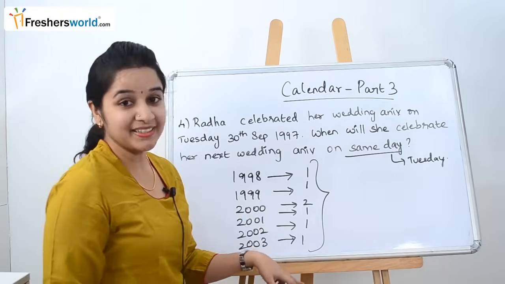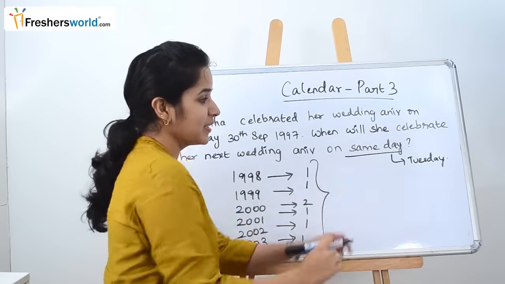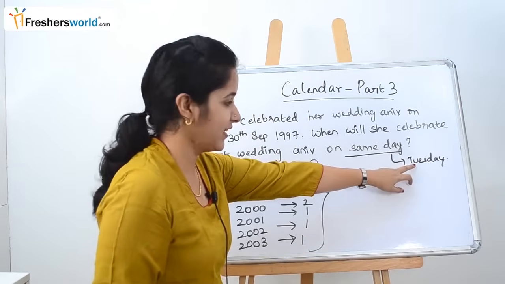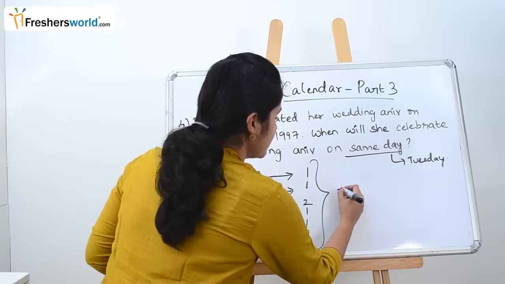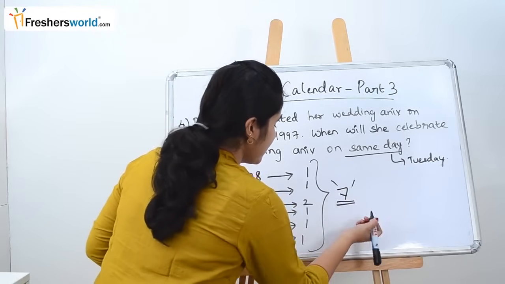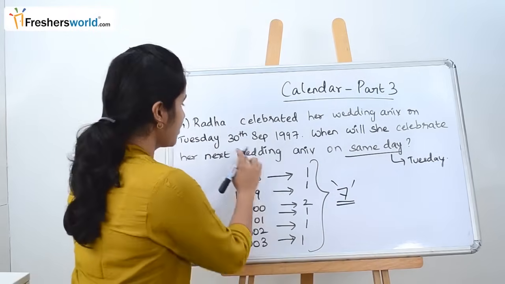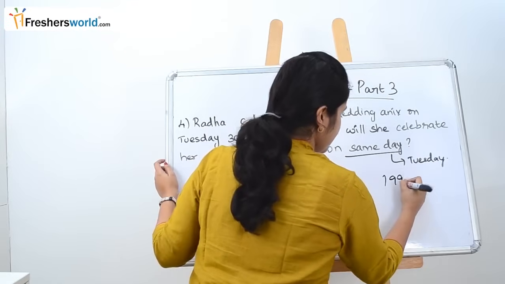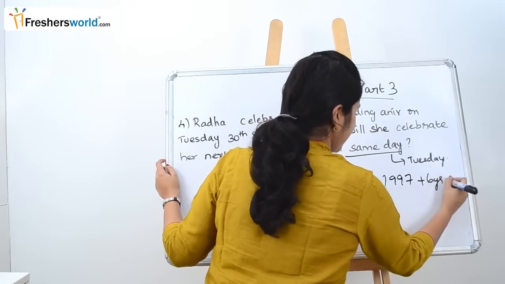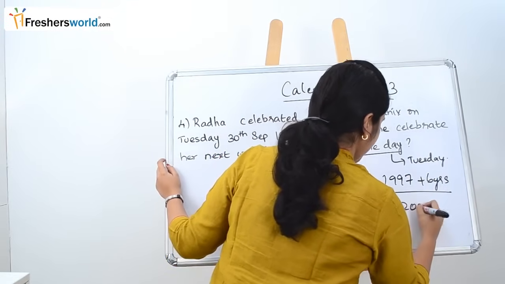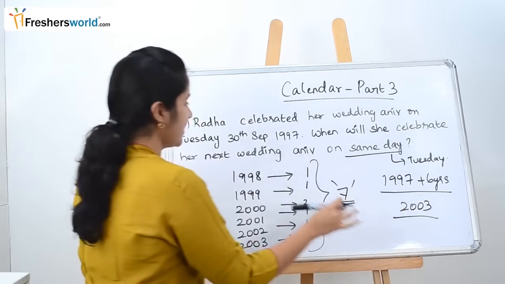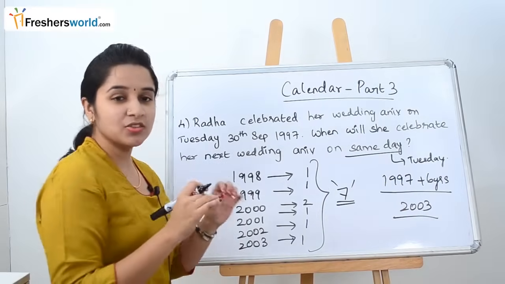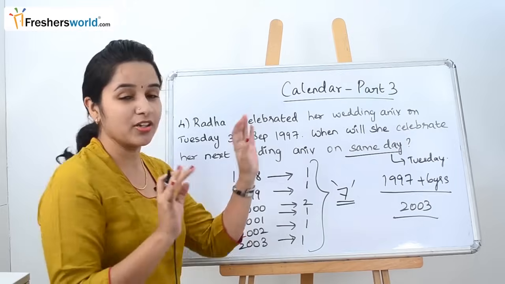If you add these, the total is 7, and the same day is repeated after every 7. This 7 comes after 6 years. So 1997 plus 6 years is 2003. So on 30th September 2003, Radha is going to celebrate her anniversary again on a Tuesday.